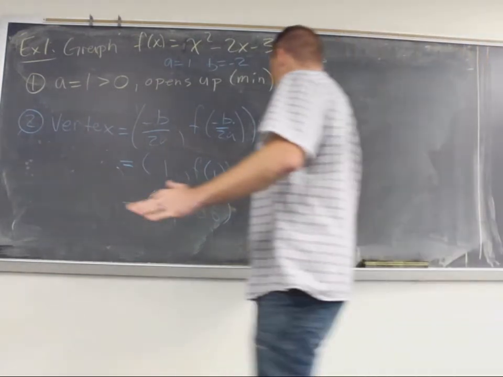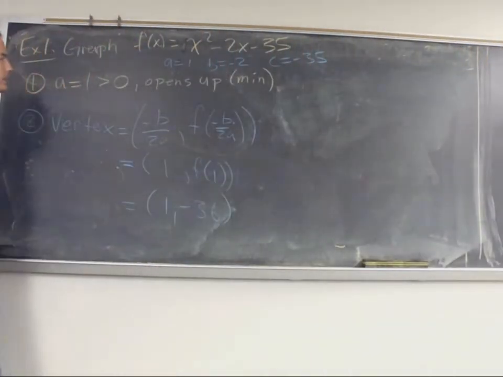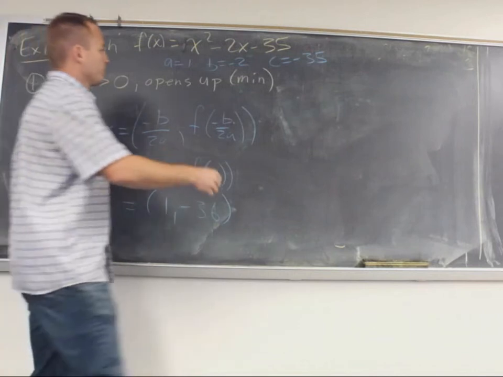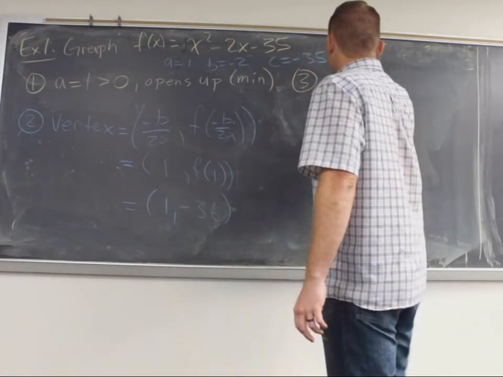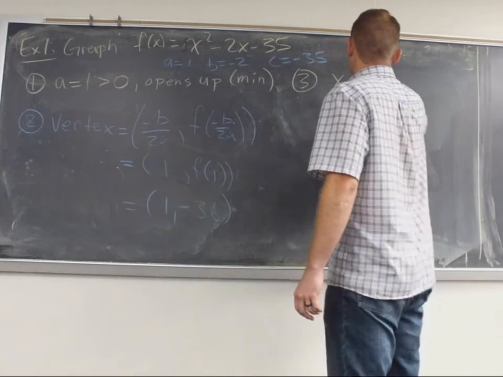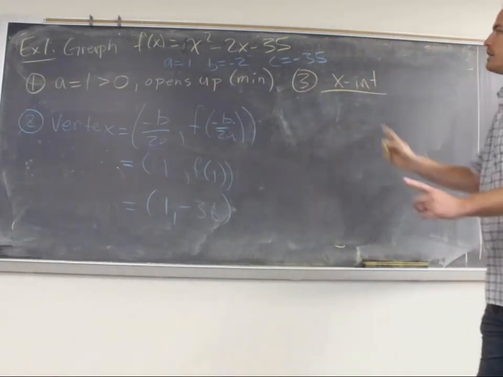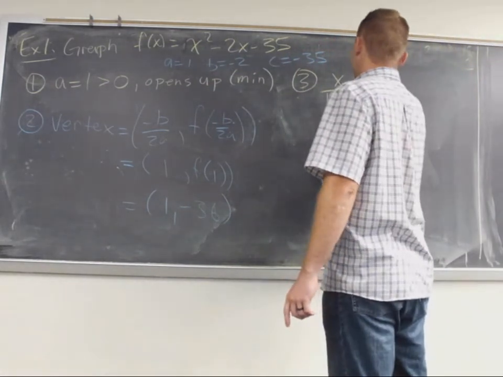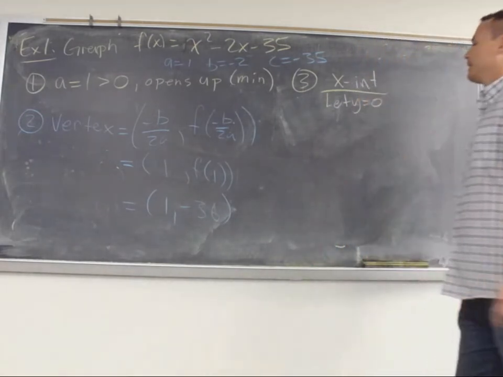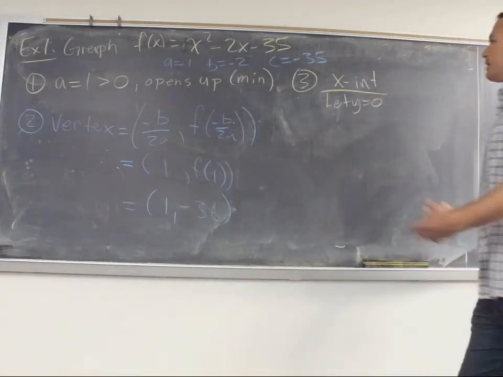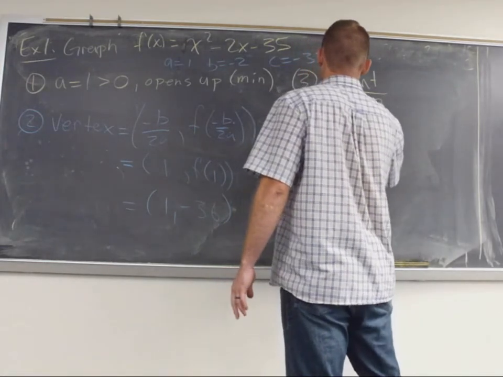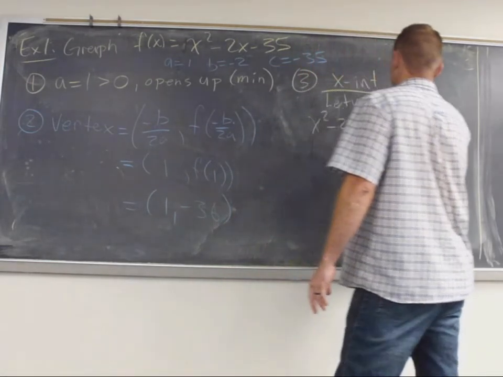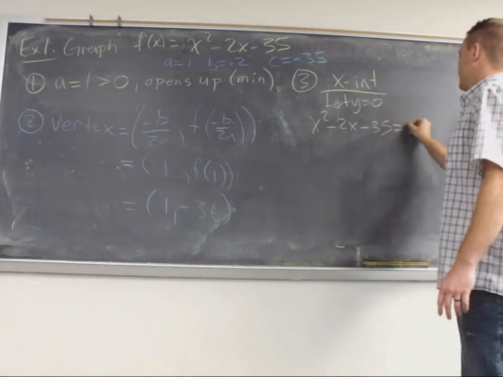All right. Step 3, we need to find the x and y intercepts. Hopefully we've gotten the hang of that, but we'll go over this just in case. So for the x-intercept, we always let the other variable be 0. Let y equal 0. Then I'm going to write my function x squared minus 2x minus 35, and I'm letting it equal 0.